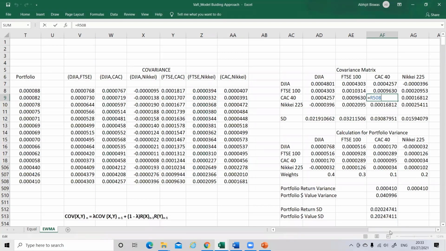So just, next one's covariance between CSE and Nikkei. So it is captured in AA508. Just type equals to AA508. Now let us quickly fill this. This is almost done. So go to AG7, type equals to AD10 because we have already calculated this.